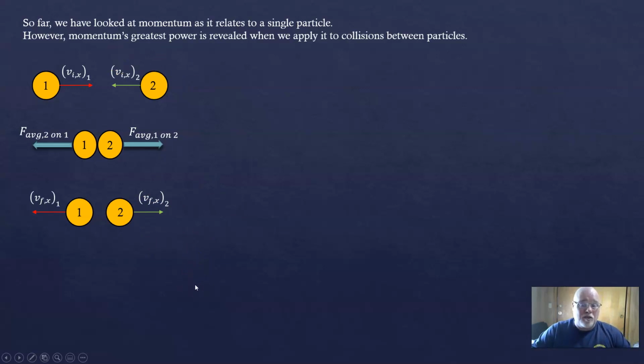So the magnitudes of the initial and final velocities for those objects aren't necessarily the same. So that's the basic kind of diagram of a collision process. We got two objects colliding, they're exerting forces on each other during that impact, and then after all is said and done, they go off and do their own thing, moving at their own velocities, okay?